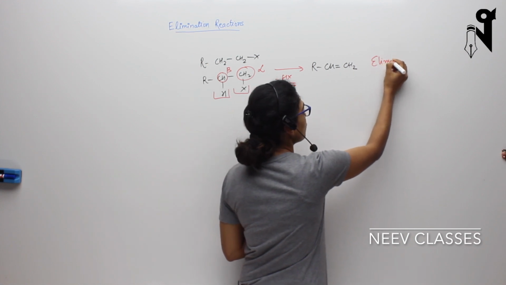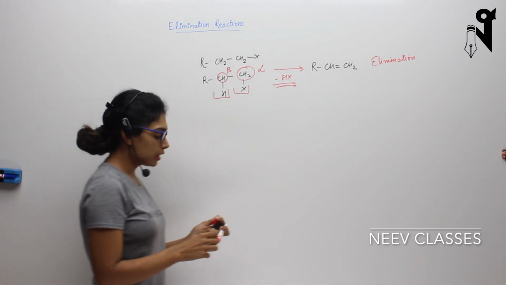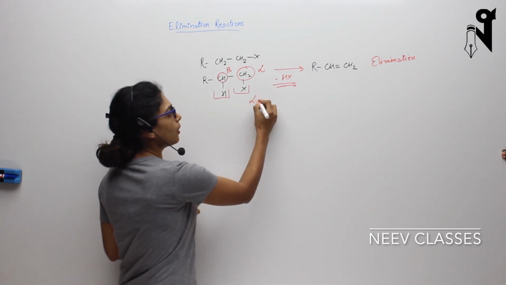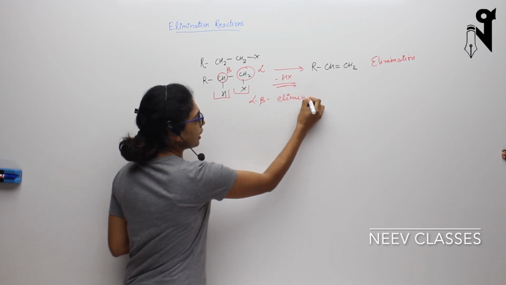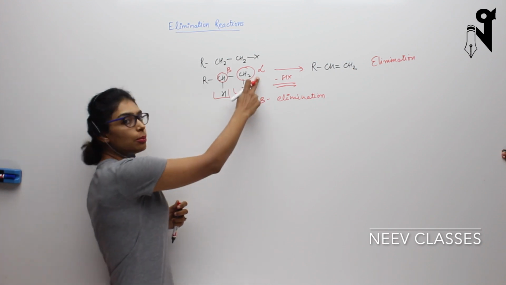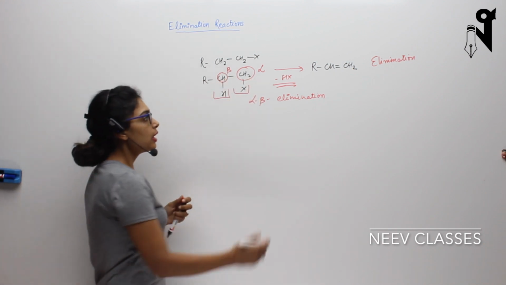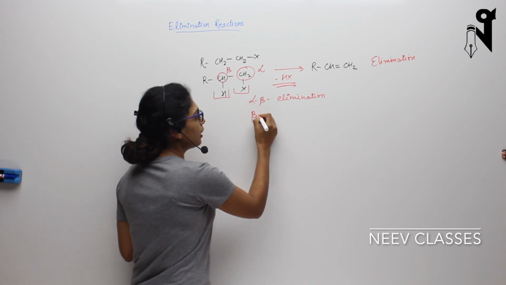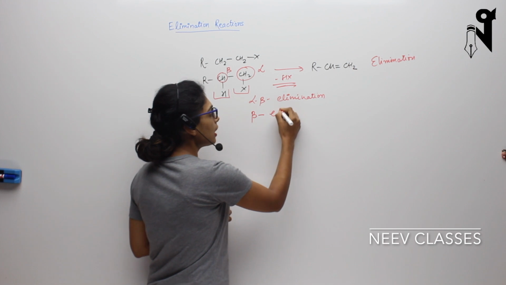So this removal of HX from the molecule and the formation of an alkene is called an elimination reaction. Now this elimination can have different names. It can also be called alpha-beta elimination. Why alpha-beta elimination? Because one species has been removed from the alpha position and another from the beta position. But in many books you will find this reaction written only as beta elimination. Why?